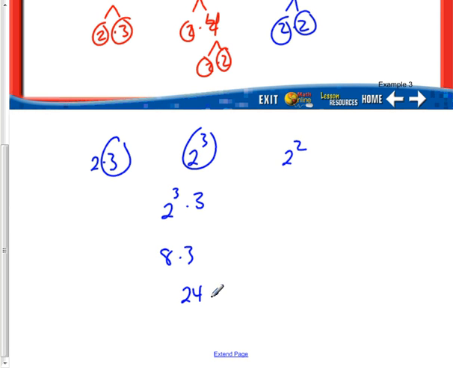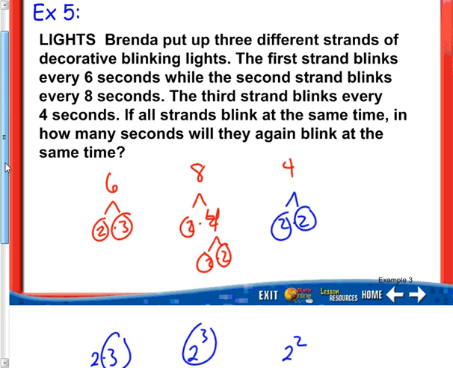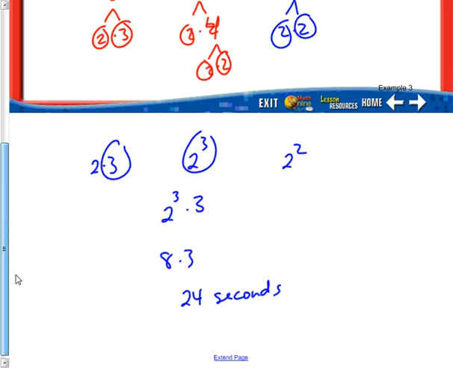So 24 seconds. We look back at our problem because they were blinking in 6, 8, and 4 seconds. So in 24 seconds, all 3 strands will blink at the same time, and then they won't blink at the same time again for another 24 seconds.